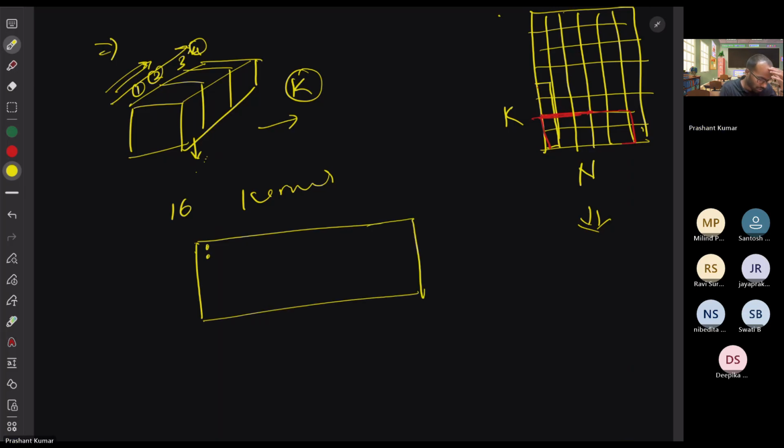So I will take the value of k in this way. If you remember this, then I will take these 4 values. So basically you can say that these kernels are working in the same way.